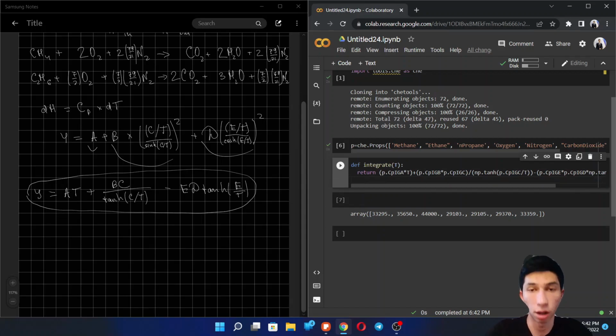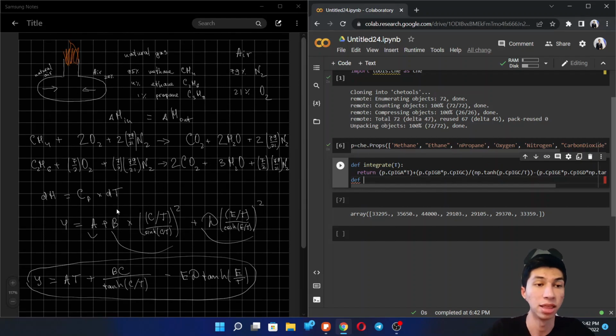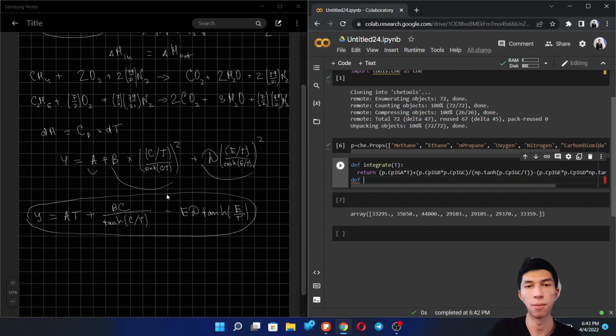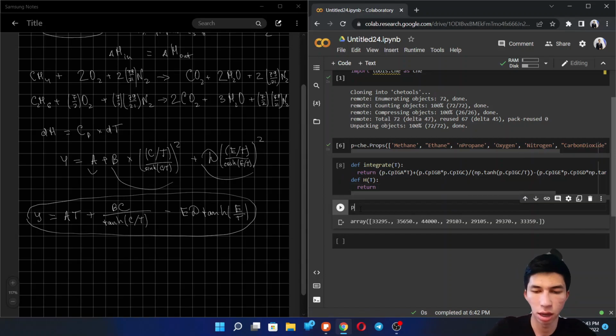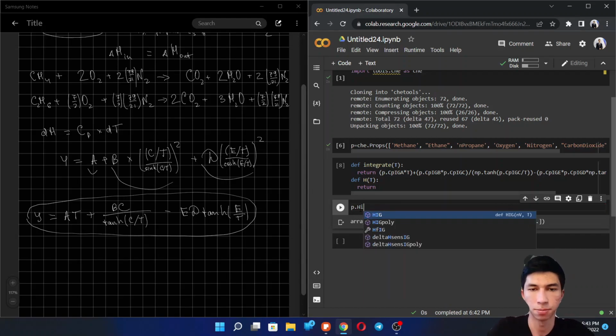So now we can have another function that will calculate the enthalpy. Here we said that we calculated our specific heat constant, right? But the enthalpy is specific heat constant at a specific temperature, right? So now we have to calculate the enthalpy. We can have a function called h that will take the value of our temperature, and it should return what?